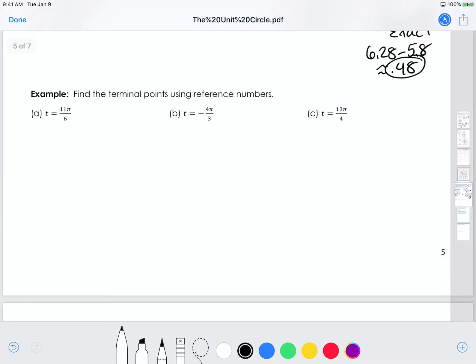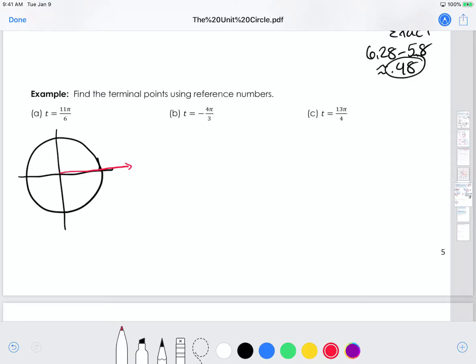Okay, now this is where we're going to apply our understanding of reference angles. This is asking us to find the terminal point, which is the point on the unit circle where the angle sweeps out. 11 pi over 6, here's my unit circle. 11 pi over 6 would open like this.